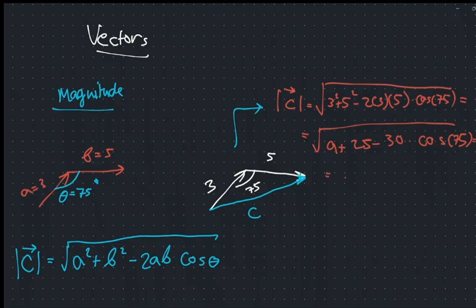And here 9 plus 25 is just 34 minus 30, so the square root of 4 times cosine 75, and it's going to be equal to some value, and you can use the calculator to solve it. So it's going to be 2 times square root of cosine 75. And this is how we find the magnitude for this case.